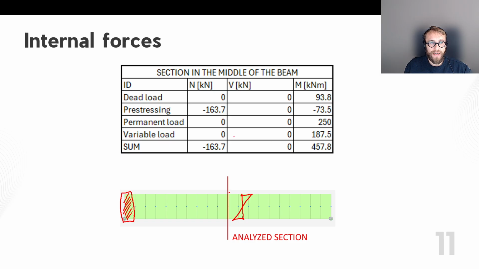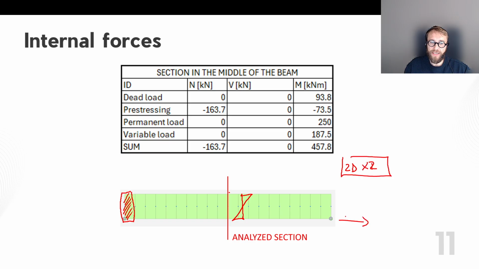So what I did, I just printed out the values for self-weight, pre-stressing, permanent load, and the variable load. We can see the normal forces, shear forces, and the bending moments. Everything is extracted. These are plane forces, this is 2D, reduced to the XZ plane.